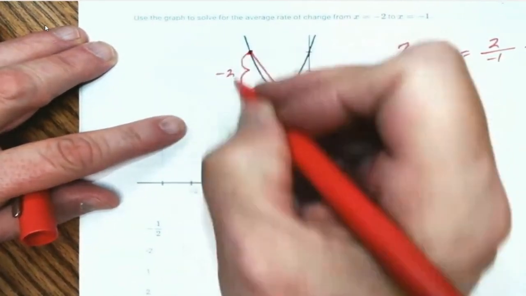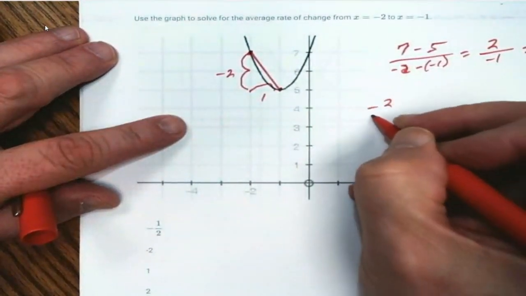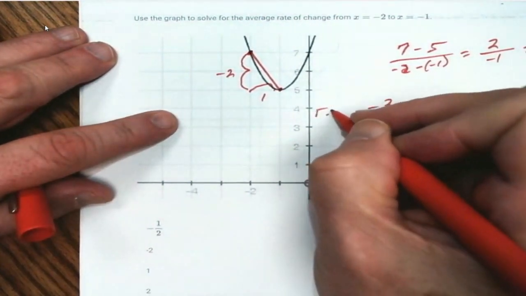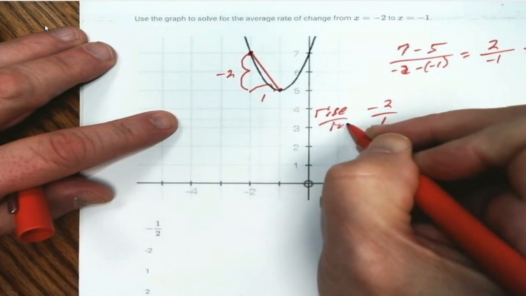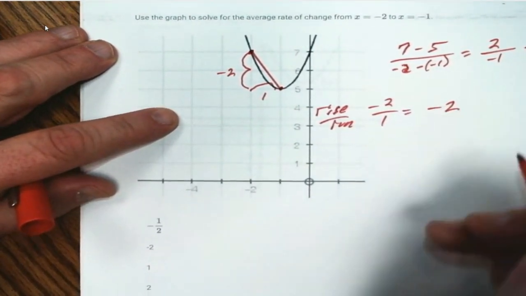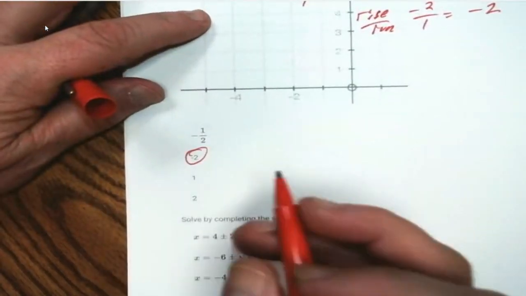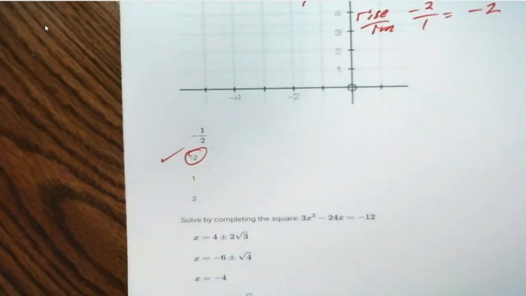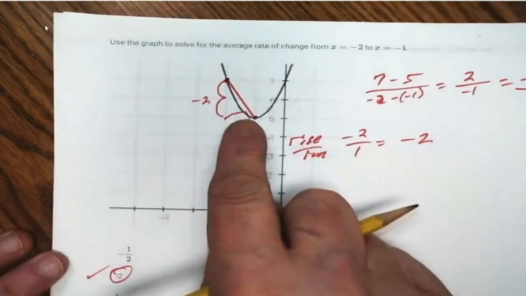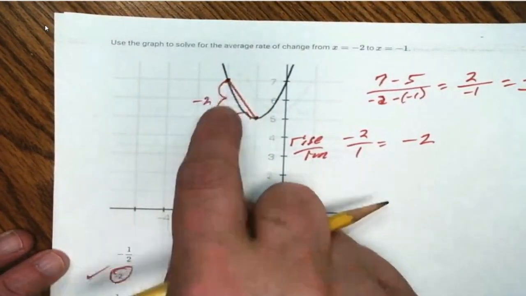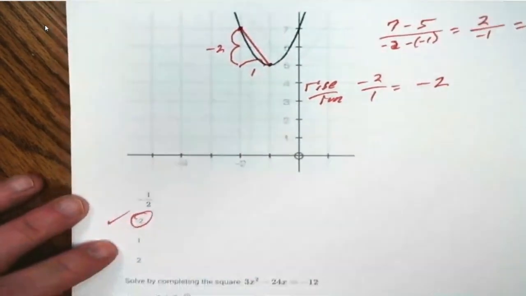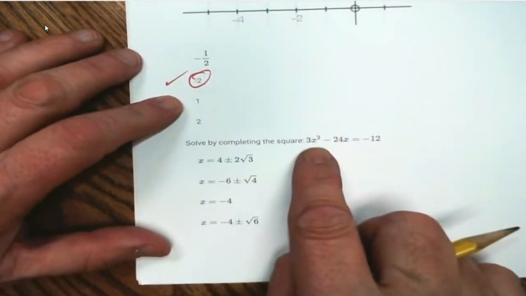So the rise over run, oh, it is -2. So right there, -2. Love it when they give us a graph and ask us for the slope. We can just look at the slope. -2 over 1.